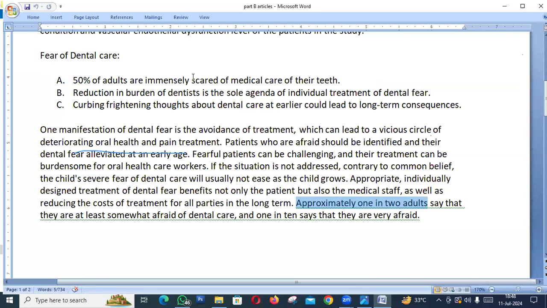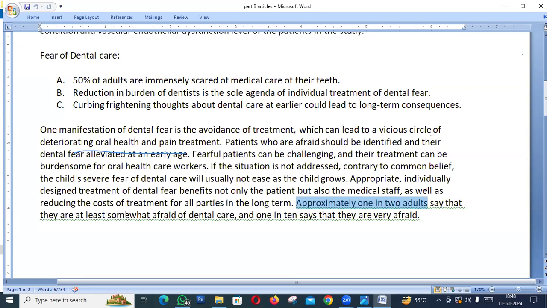Immensely scared, okay. Immensely means so much, too much. Here they are saying immensely scared means too much.